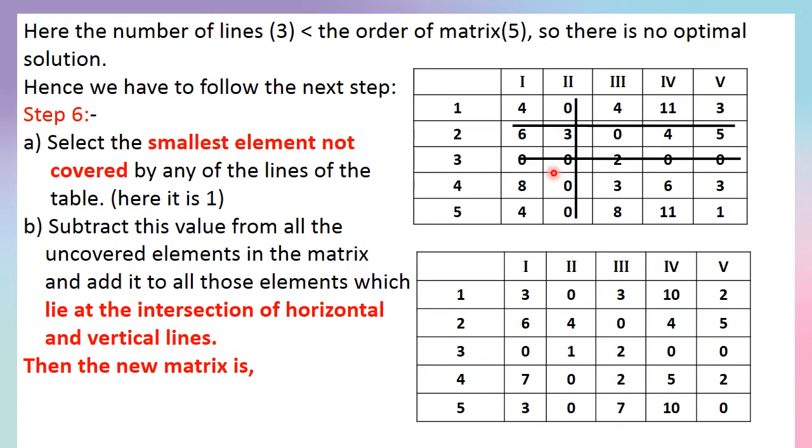So 3, 0, 3, 10, 2, 6, 4, 0, 4, 5, 0, 1, 2, 0, 0, 7, 0, 2, 5, 2, and the last row will be 3, 0, 7, 10, 0.